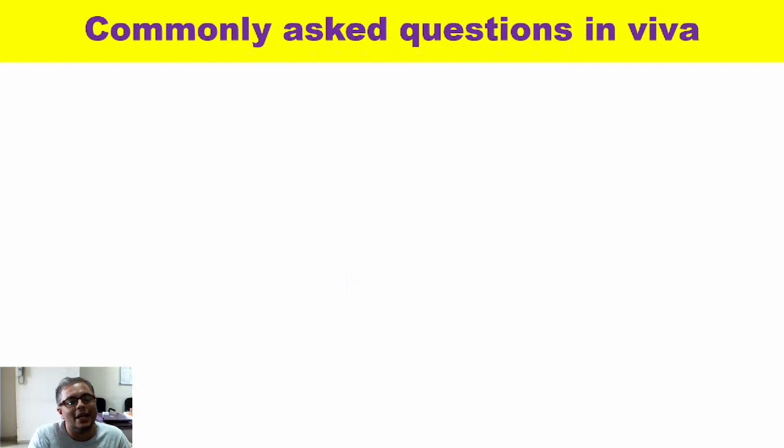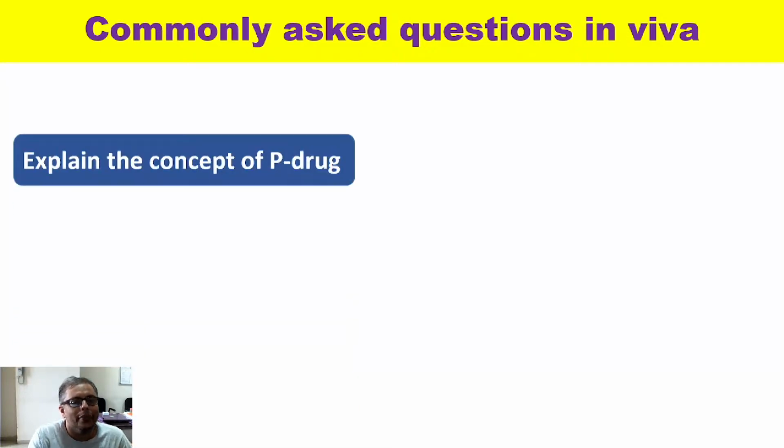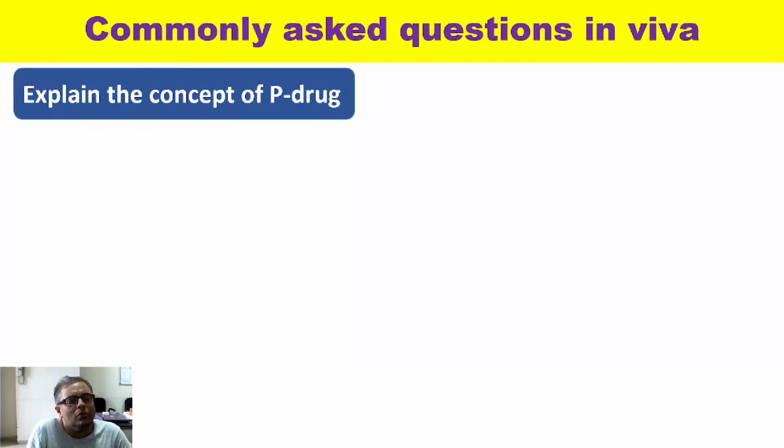Next, which are the commonly asked questions in viva? First and foremost, what do you mean by the P drug? You don't have to just stop there that it is a personal drug for prescribers. You have to elaborate further and explain the concept of the P drug.